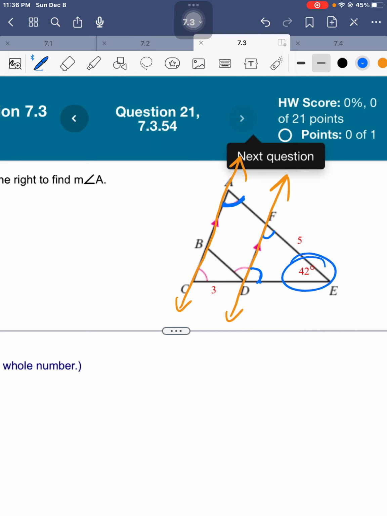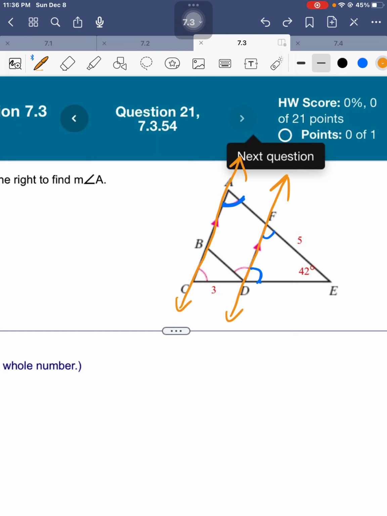So now, I can't find this one directly, but I can find this one. I can find this angle and this angle. And if I'm able to find either of these angles, then won't I know this one as well? Because they're just one arc.